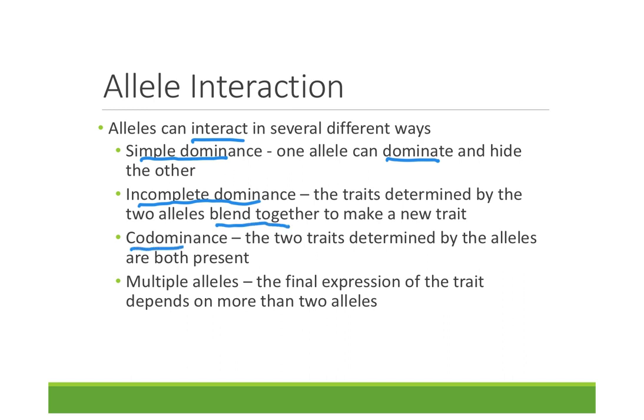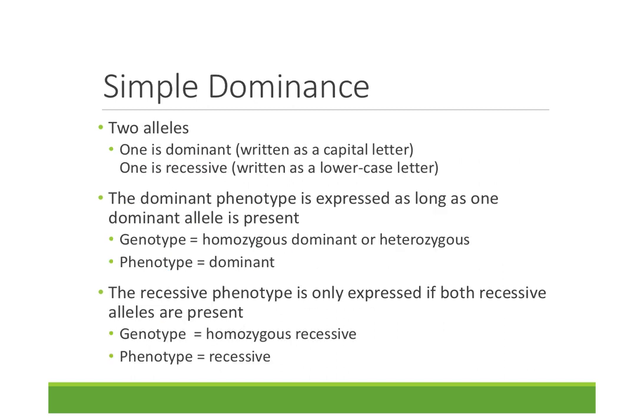There is codominance, where these two traits, these two phenotypes, are both present in the organism. And then there are multiple alleles, where the final expression of the trait in the phenotype depends on more than two alleles, and how all the different alleles work together determines what you see in the phenotype. So I'm going to just focus on simple dominance in this video. We'll talk about the other types of interactions between alleles in the second video.